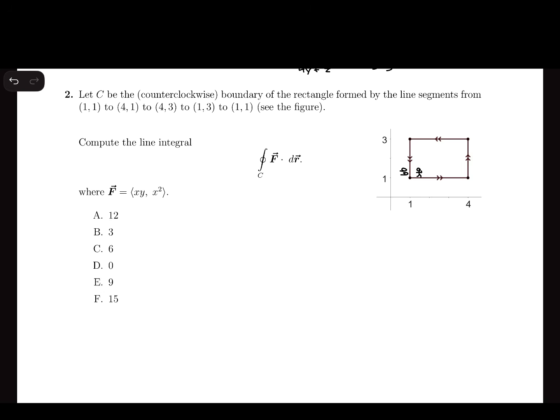So there's a hard way to do this and an easy way. The hard way is to calculate that circulation along all 4 sides and then add them up. But the easy way is to use a little formula that we like to call Green's theorem.